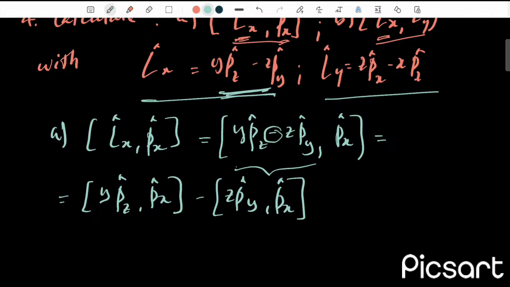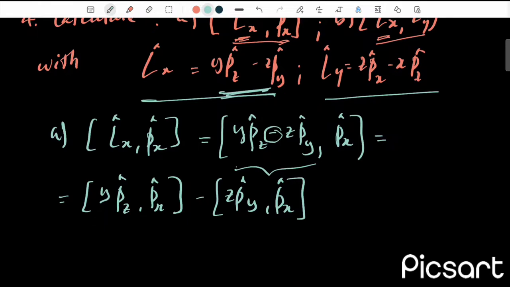For now we can apply the rules that we have learned in the previous video, the first video where we were talking about commutators, where we solved a lot of exercises. The first exercise was to demonstrate the properties of commutators of operators.